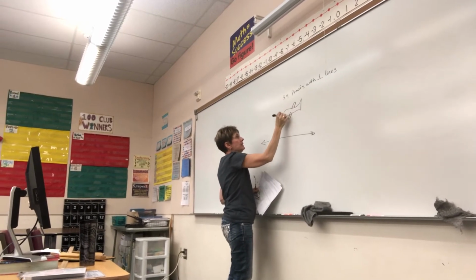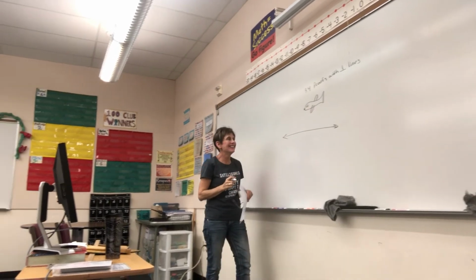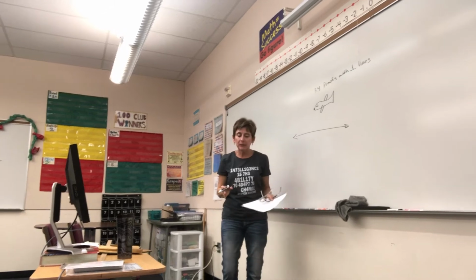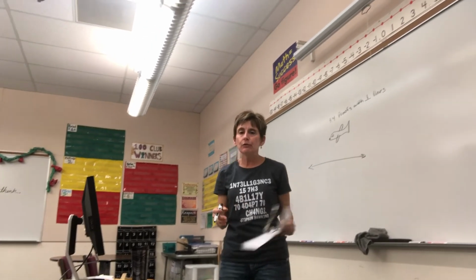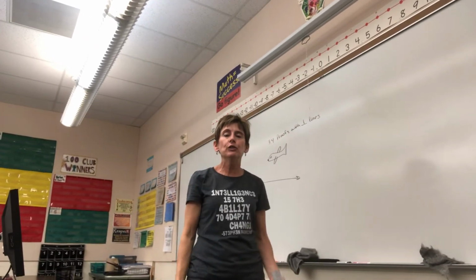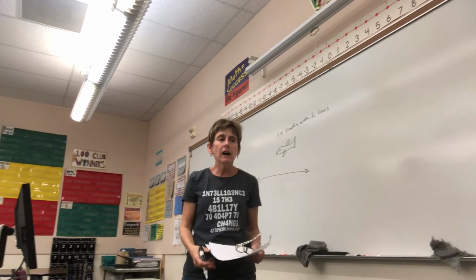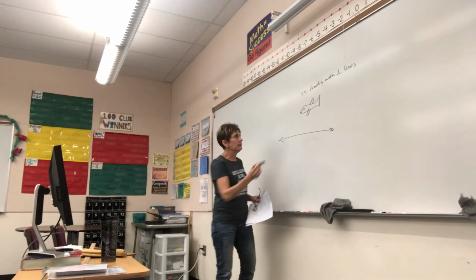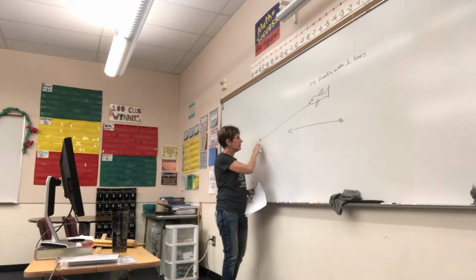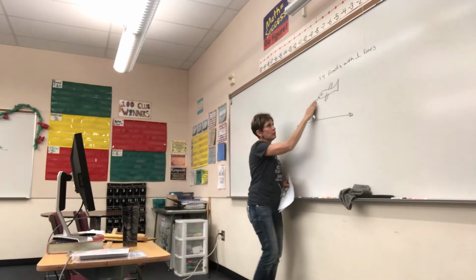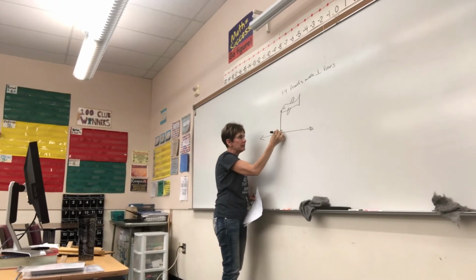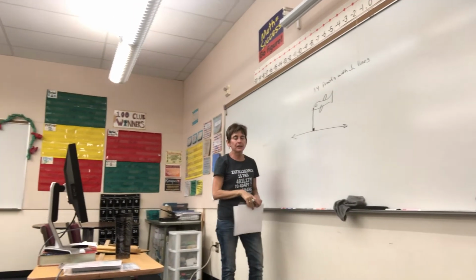But if this represents an airplane there, and the pilot says to you, "Good afternoon, ladies and gentlemen, we are currently flying at an altitude of 20,000 feet," he doesn't mean, from here to here, right? He means straight up and down. So when we're talking about distance or altitude, we always mean straight up and down along a perpendicular line there.